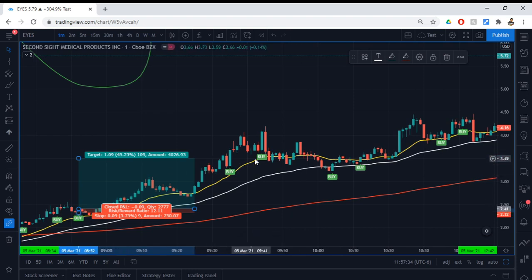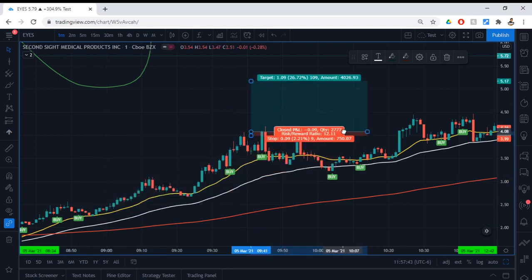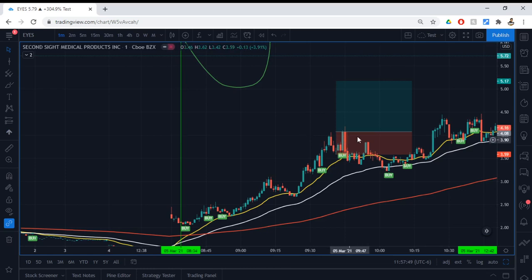So you really need to pick your entries depending on how much you're willing to risk with the stop loss. If you see an entry like this, okay, my stop loss is 12% away, maybe you don't want to take it.